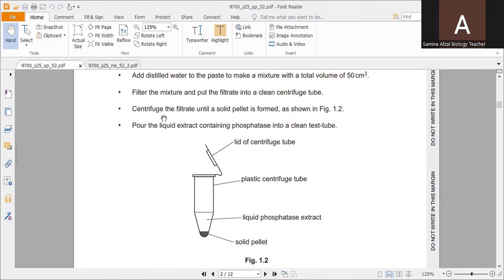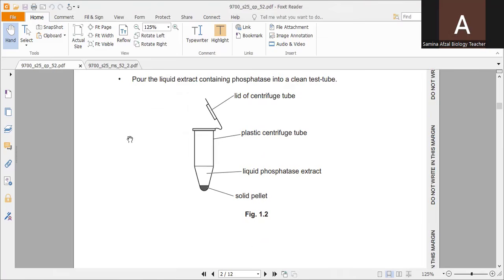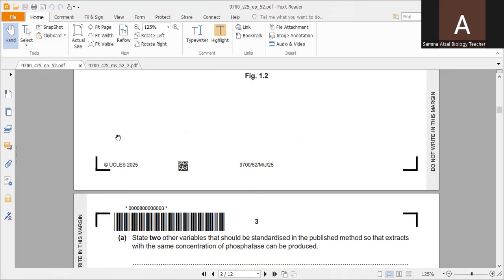Centrifuge the filtrate until a solid pellet is formed as shown in figure 1.2. Pour the liquid extract containing phosphatase into a clean test tube. So you can see a plastic centrifuge tube and liquid phosphatase extract, and a solid pellet at the base.